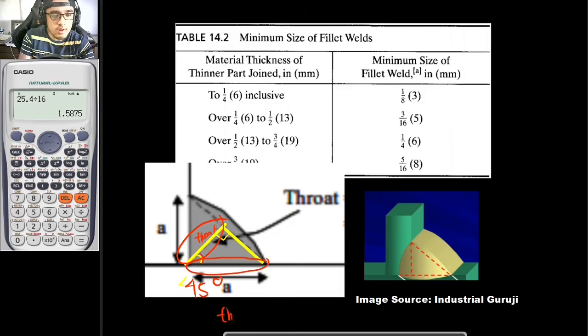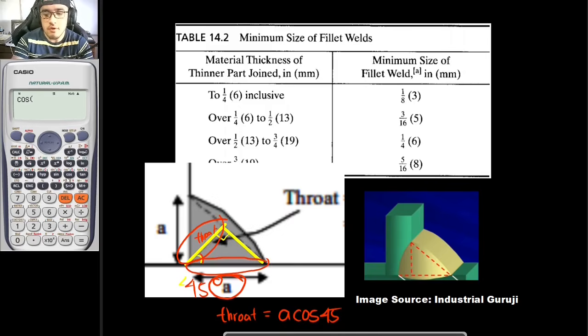Your throat is now equal to A, or this dimension right here, times cosine 45. So it would be as simple as that. And looking at the calculator to your left, cosine 45 is equal to 0.707.